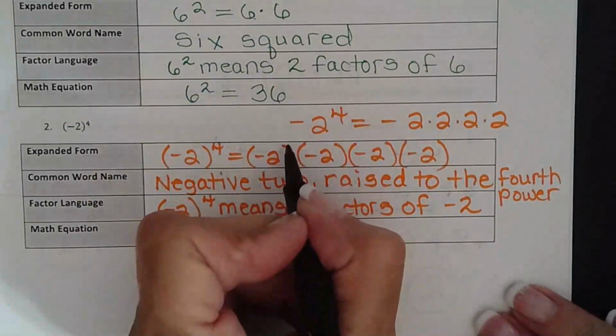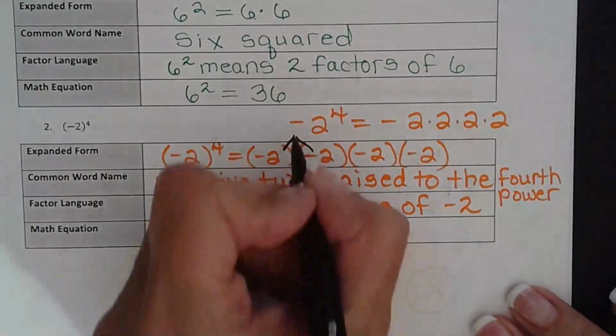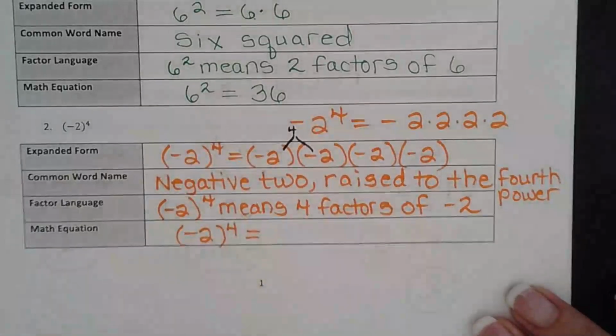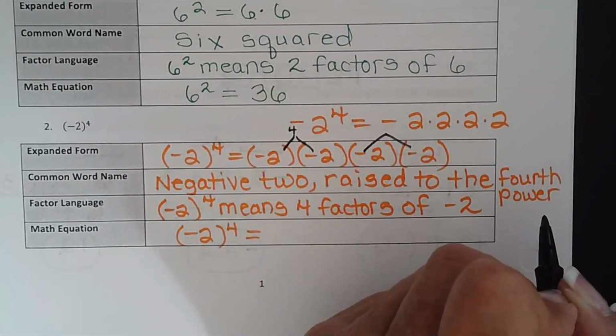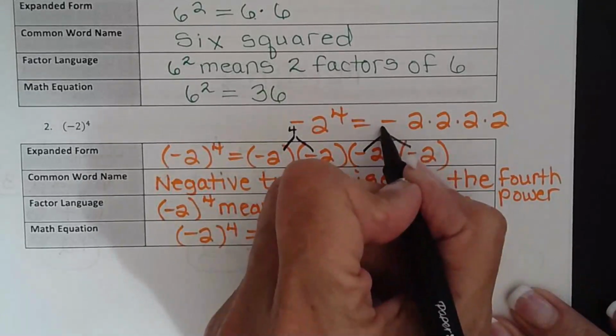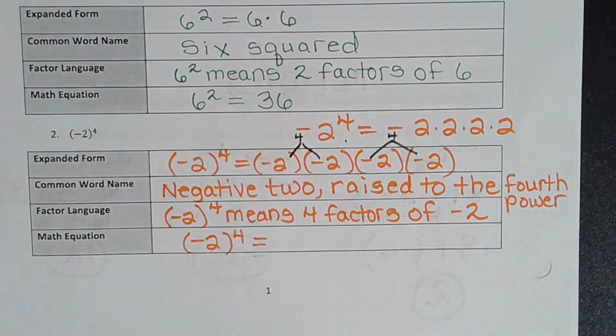So we can say 2 negatives, even number, positive answer. 2 times 2 is positive 4. And then we could say 2 negatives, positive answer. 2 times 2 is 4. So we have 4 times 4, which gives us 16.